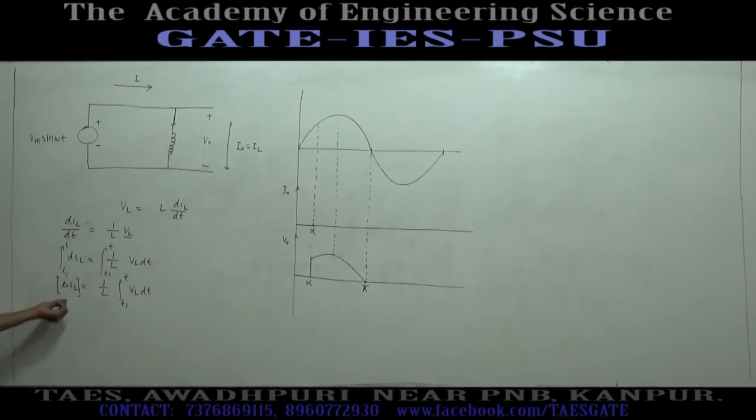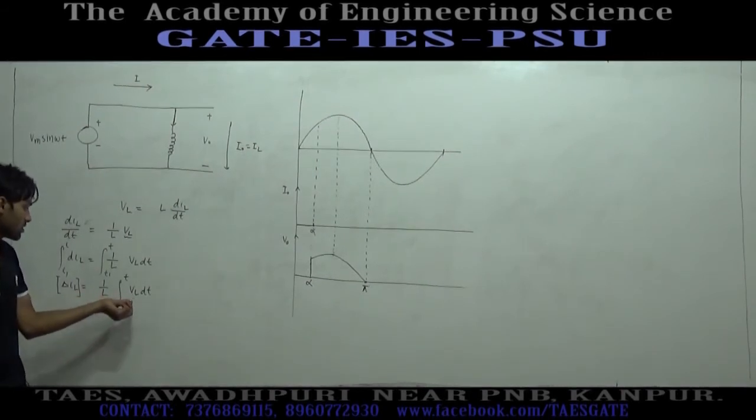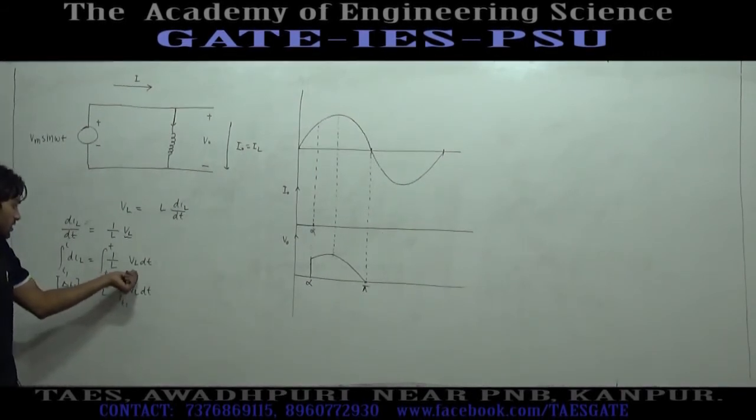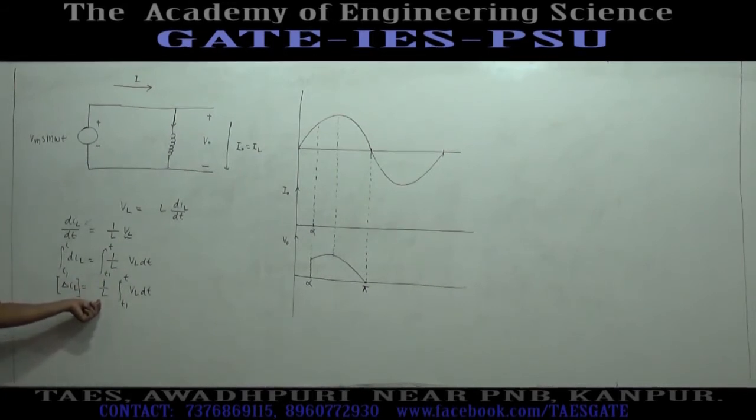So, if we want to find out the change in inductor current from one instant to another instant, just integrate the inductor voltage from one instant to another instant and divide it by inductance.